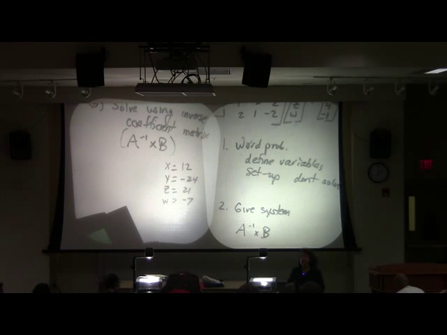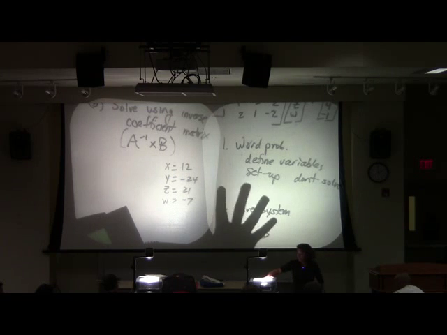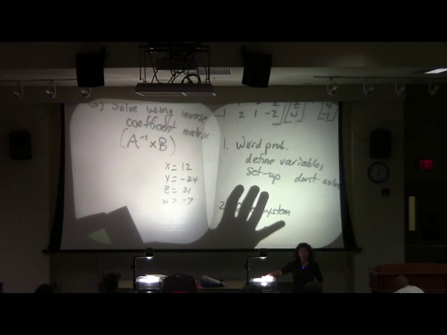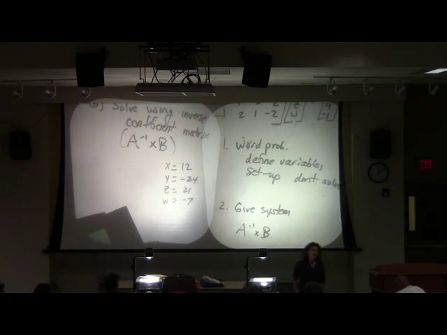Again, the reason why I break it up into 2 separate problems is I believe I'm testing 2 separate things. One of them is given a word problem, can you write a system? And then the other one is given a system, can you solve it? But again, if you set up your system incorrectly, you might be solving a system that's not solvable, and that would be a waste of time.